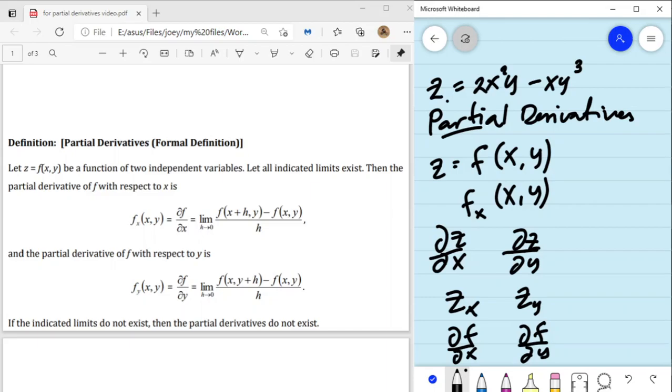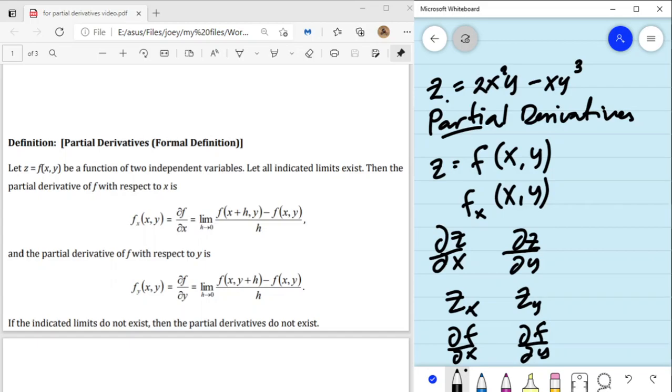Then the partial derivative of f with respect to x is defined as f sub x of xy, written also as the partial derivative of f with respect to x, as the limit of f of x plus h, y minus f of xy all over h as h approaches 0.